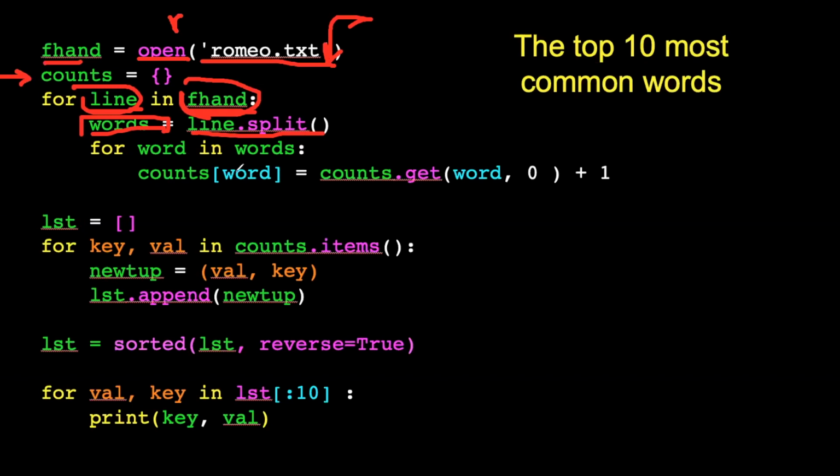So now, because words itself is a list or collection of items, you can iterate through every single value inside this collection of items one at a time. Let's say this entire text is "the top 10 most common words."